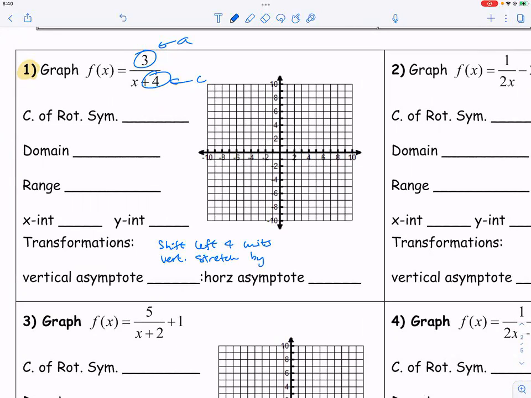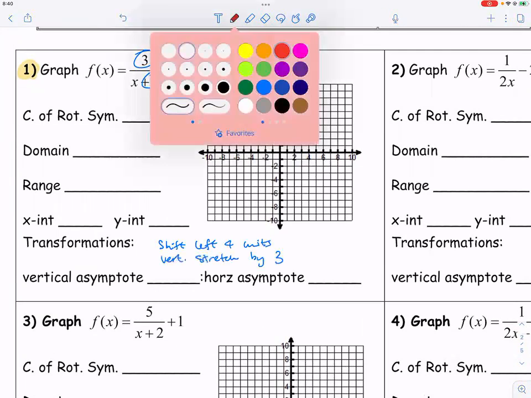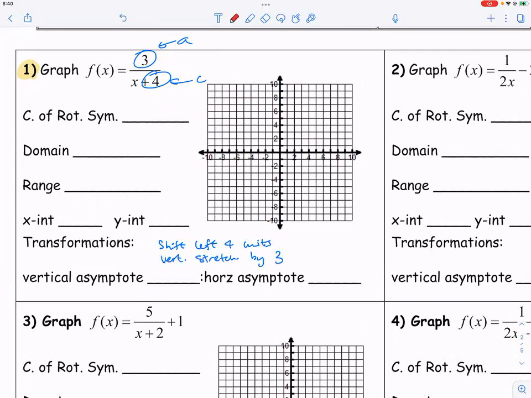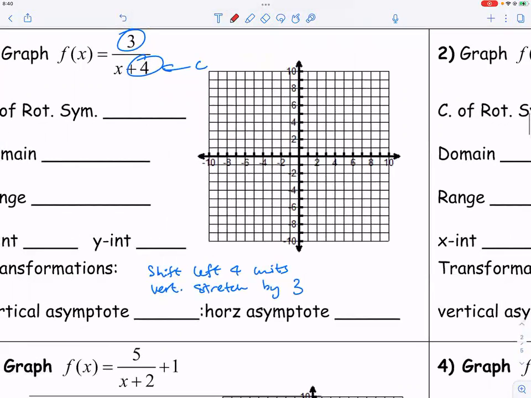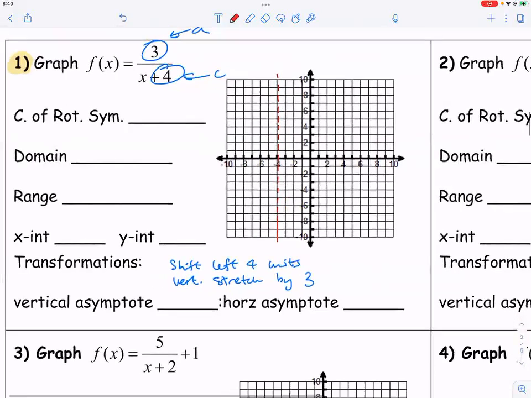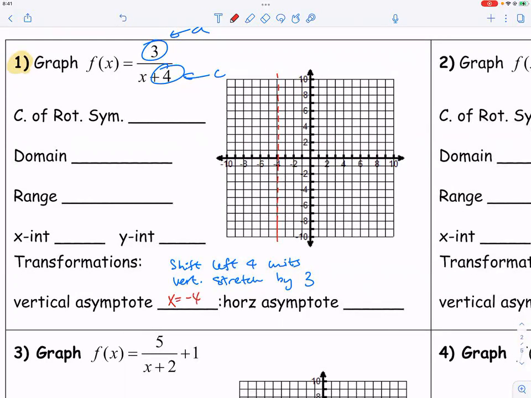Okay, so vertically stretched by 3. Let's go ahead and draw our asymptote first. That's always the first thing that you would do. Shift left 4 units, so your vertical asymptote will be right here at x equals -4.